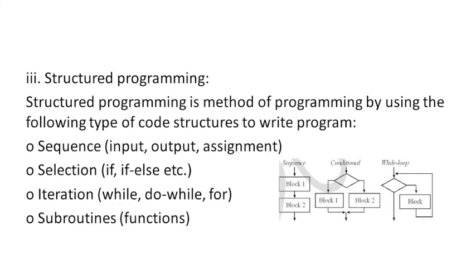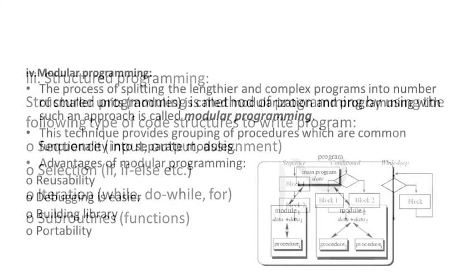Structured programming is a method of programming using the following code structures: sequence, selection, iteration, and subroutines. Sequence is input, output, assignment. Selection is if, else, etc. Iteration is while, do while, for loop, etc. Subroutines are functions.